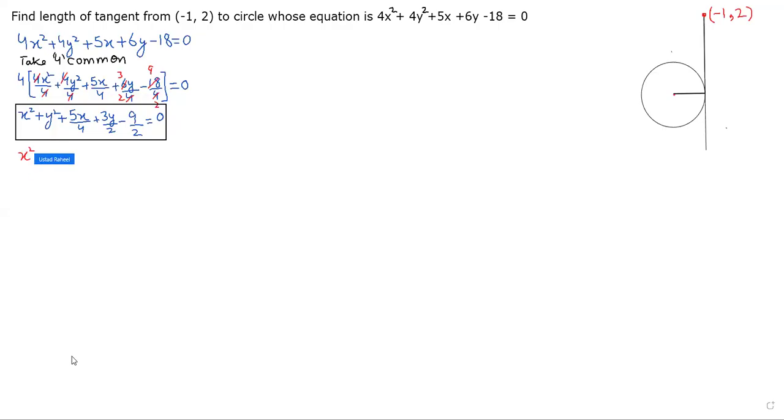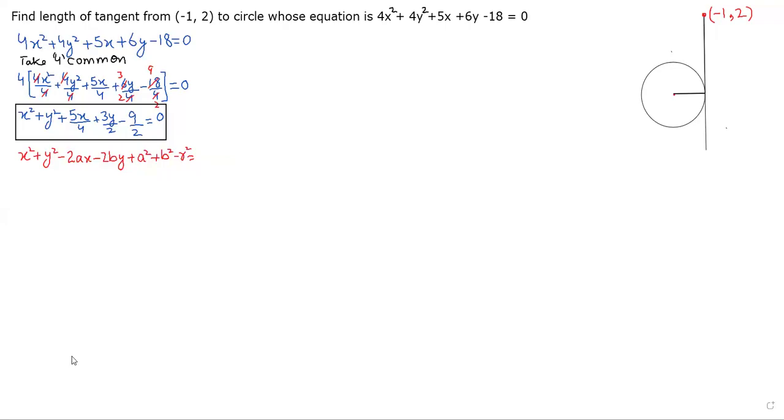That is x square plus y square minus 2ax minus 2by plus a square plus b square minus r square equals 0.